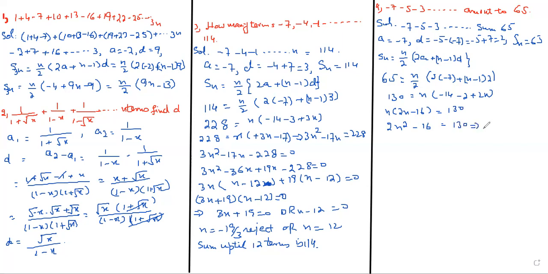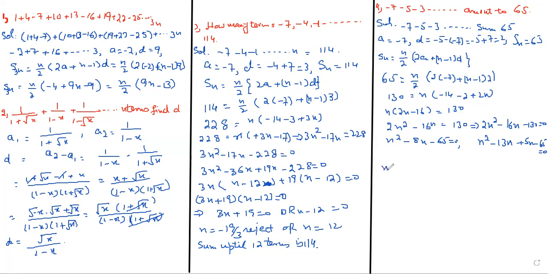Or 2n square minus 16n minus 130 equals 0. Cut by 2. So we have n square minus 8n minus 65 equals 0. Making pair: n square minus 13n plus 5n minus 65 equals 0.